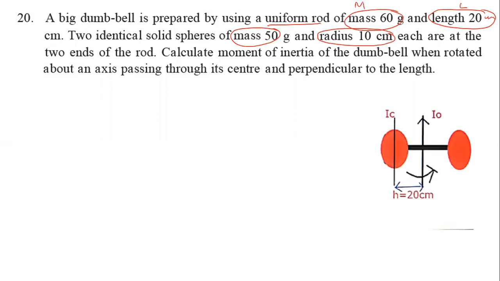Now let me draw a diagram. You can see this rod whose length is 20 centimeter. So this length is 10 centimeter and this length is 10 centimeter. This axis is passing through the center of the rod.